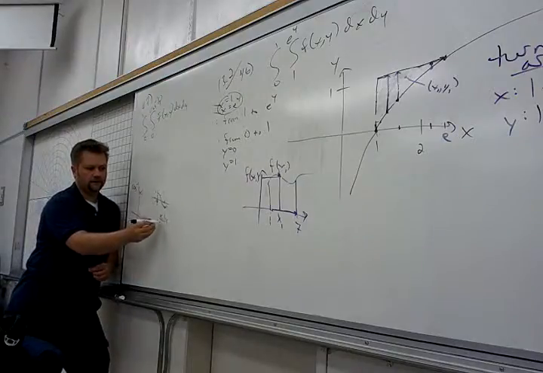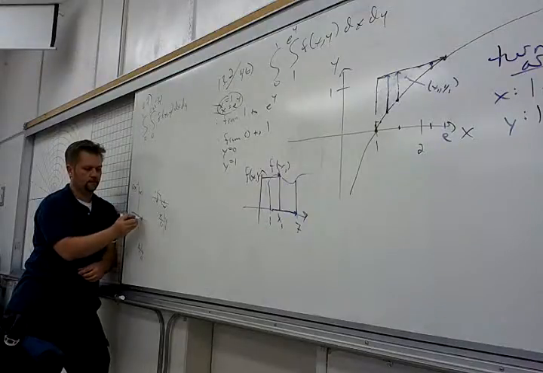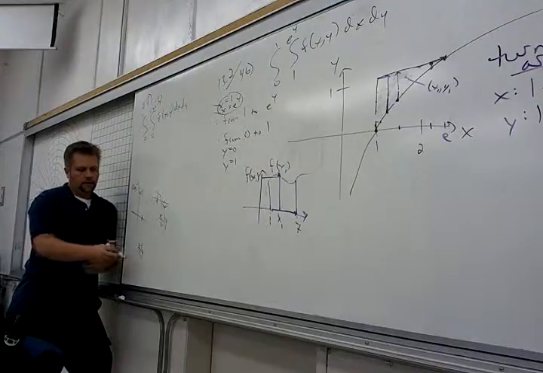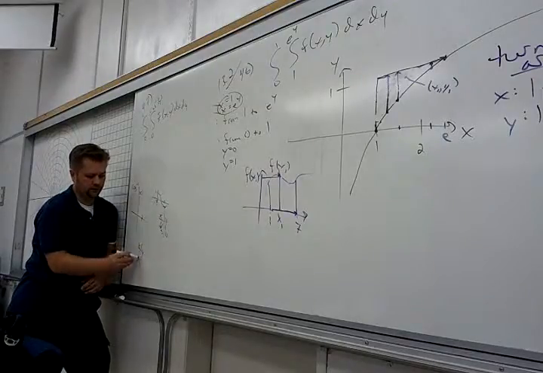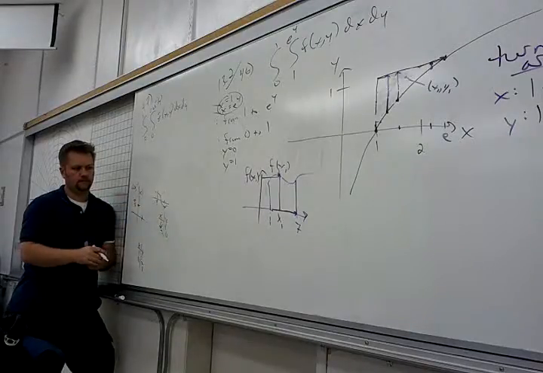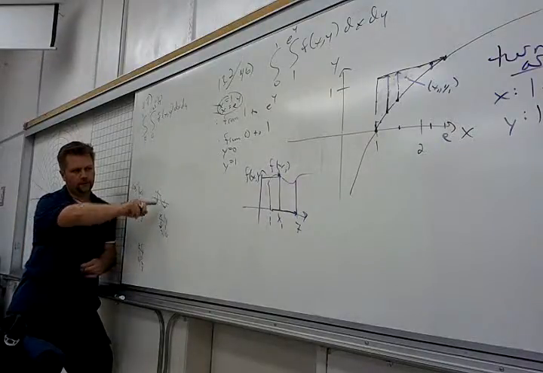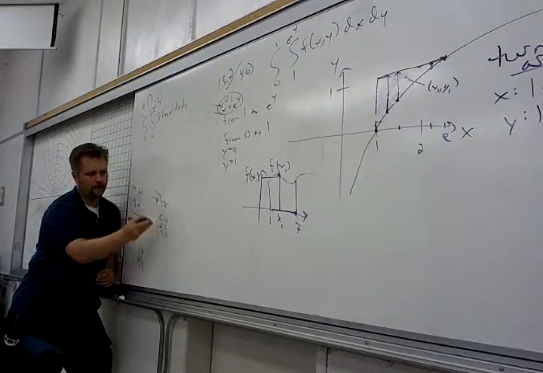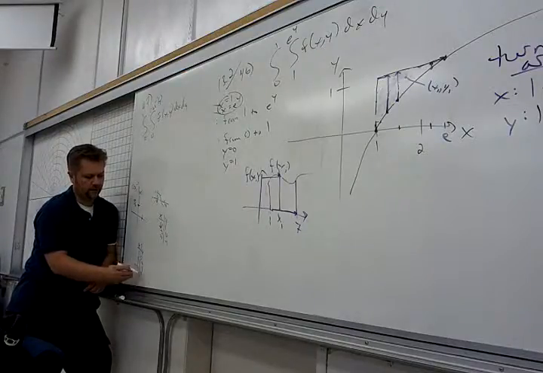So for an input of 0, I get 1. For an input of 1, I get 0. Right, so that's just going to pop around that corner there. For an input of pi over 2, I get 0, so for an input of 0, I get pi over 2. And for an input of pi, I get -1, so for an input of -1, I get pi.